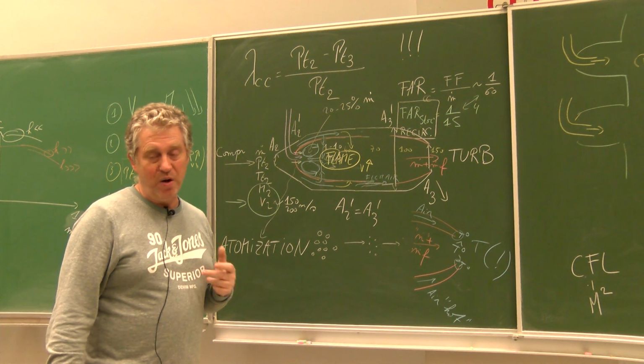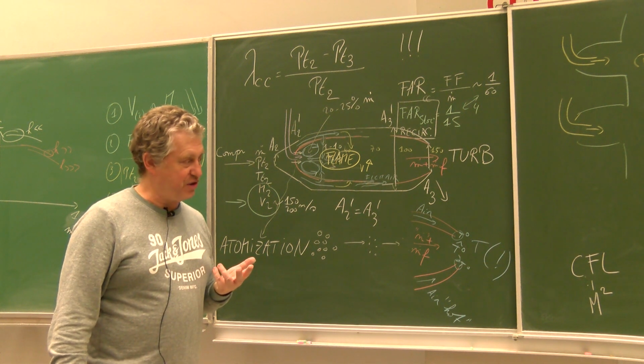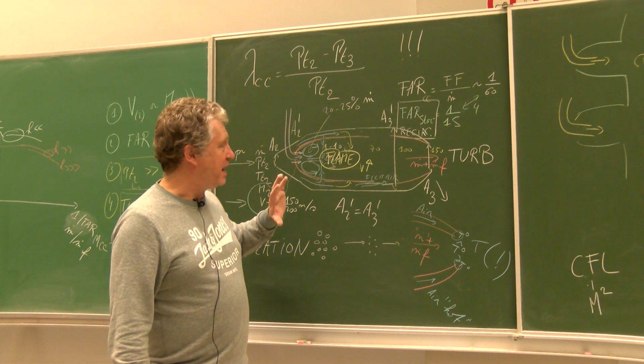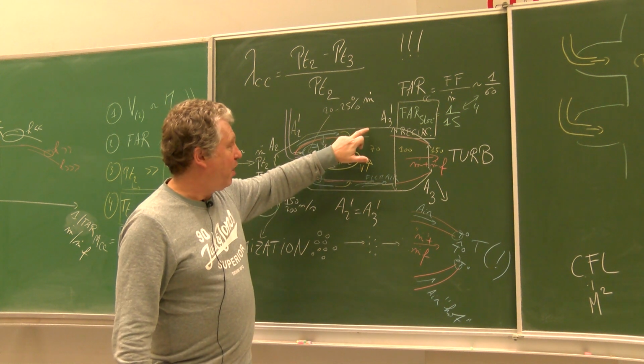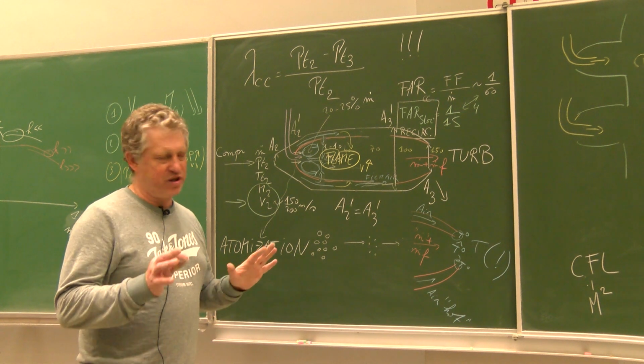This is giving you an increase with a factor 5 in the pressure losses that you have due to friction only. And this is friction, again, one side, two sides, three sides, plus some external walls that you have.